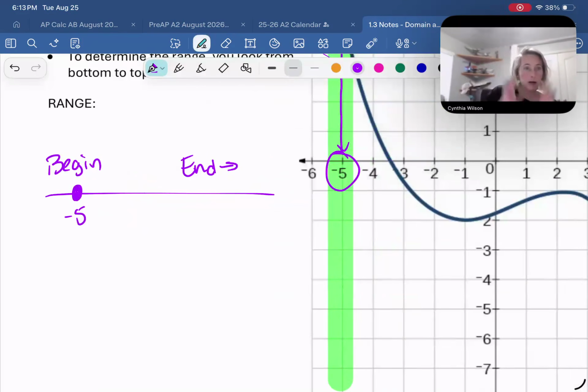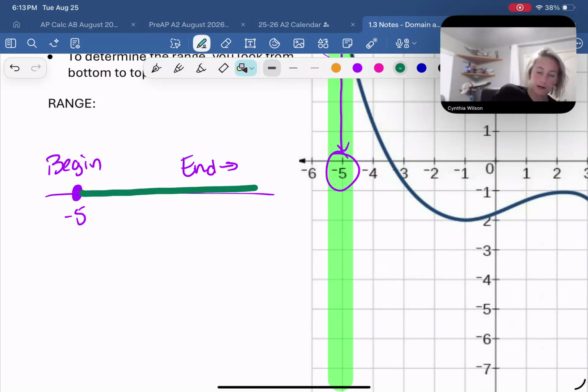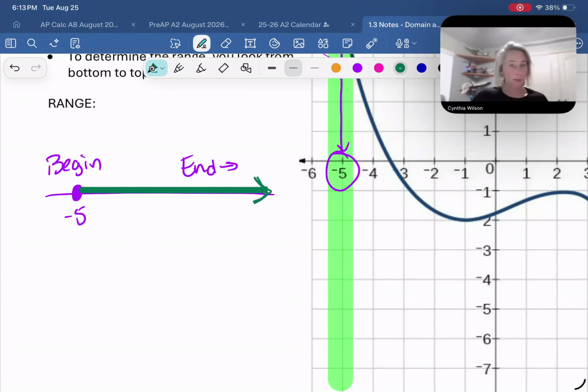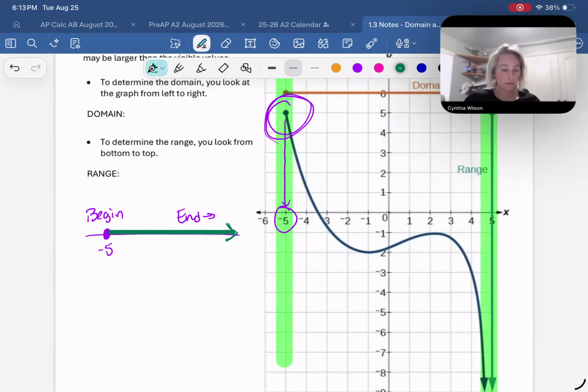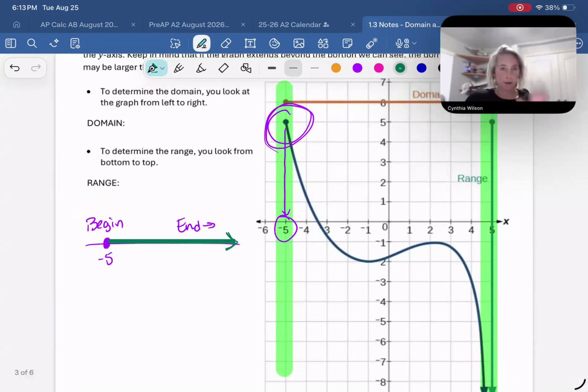Now look at all those number lines we've just done. When I ended with a right arrow, I started with that -5 and went off to the right, ending with a right arrow. You see everyone with me on that.